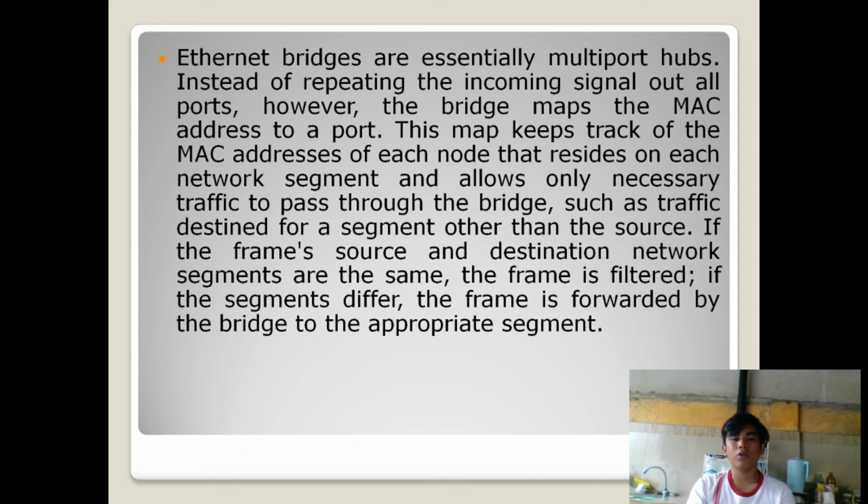If the frame source and destination network segments are the same, the frame is filtered. If the segment is different, the frame is forwarded by the bridge to the appropriate segment.